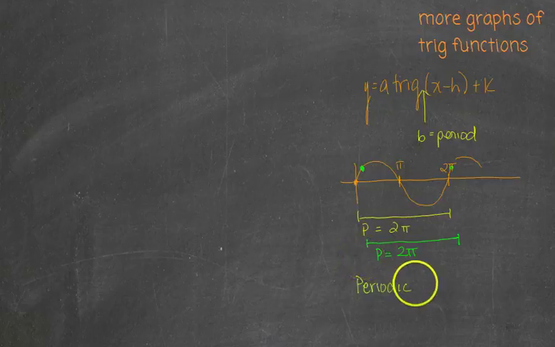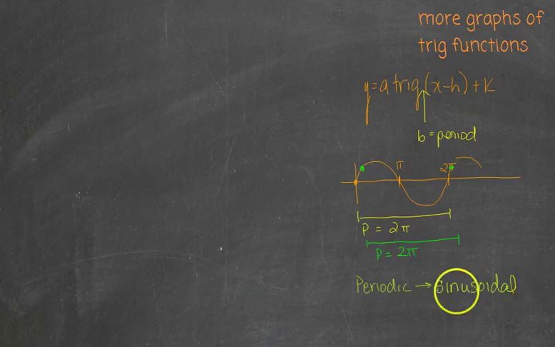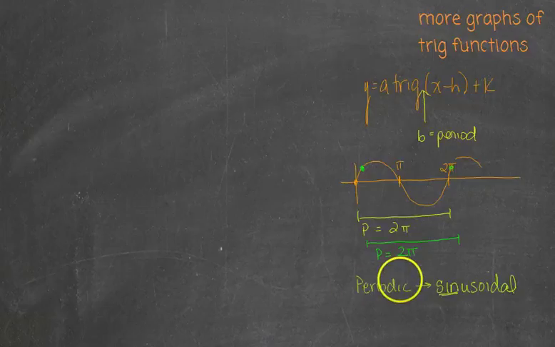But I would like to point out that for sine and cosine functions, we have the additional phrase sinusoidal, or we say that they are sinusoids. So sine coming from sine, meaning they just curve up and down and up and down and up and down. They never break. They always repeat without any sort of a break. And you'll find that all the other trig functions have a break in them. So they're periodic. They repeat over and over and over in exactly the same way, but they're not sinusoidal. Only sine and cosine have the sinusoidal pattern.